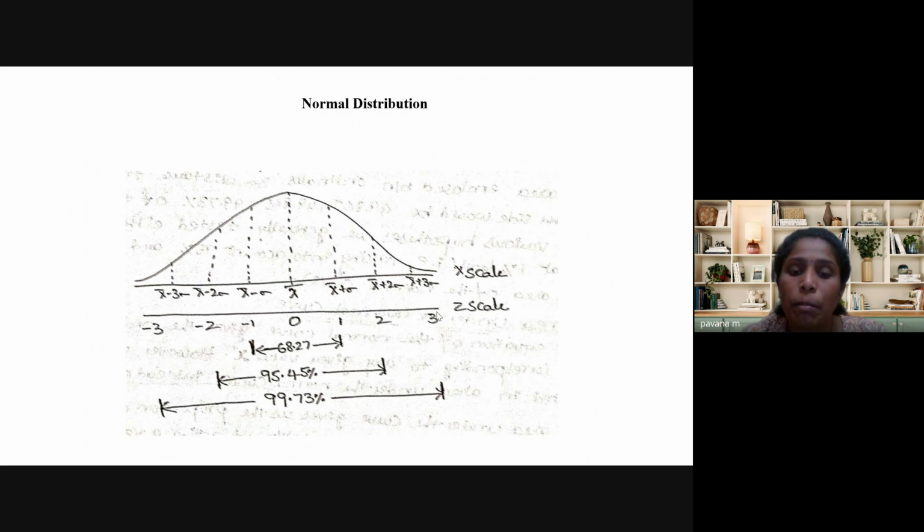Between x bar plus 2 sigma and x bar minus 2 sigma, the area covered is 95.45 percent. And between x bar plus 3 sigma and x bar minus 3 sigma, the area covered is 99.73%.